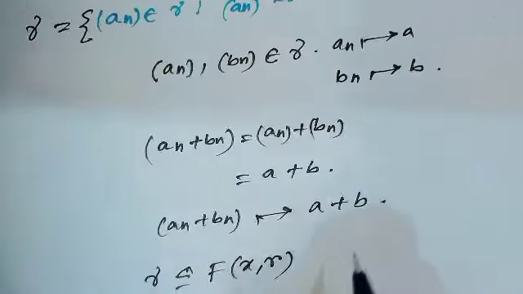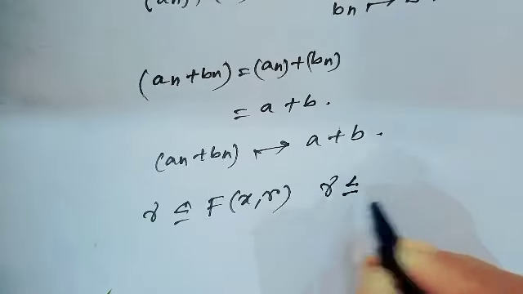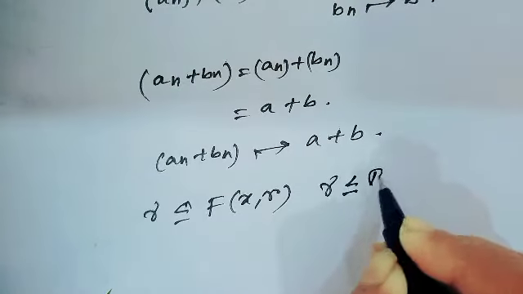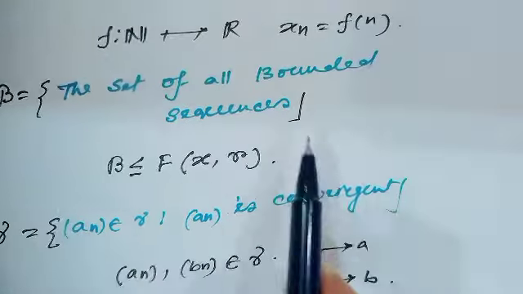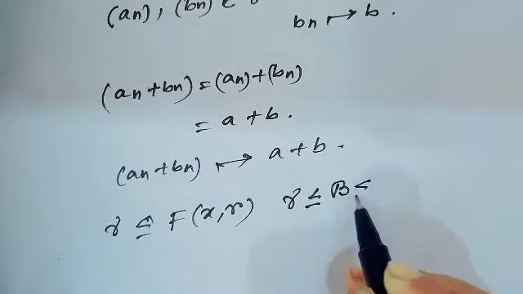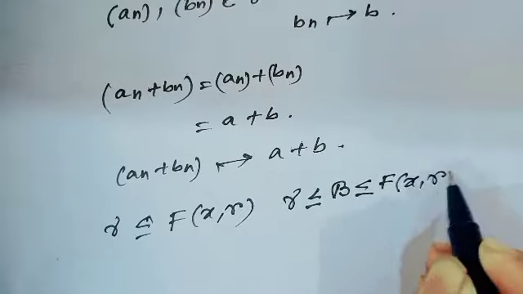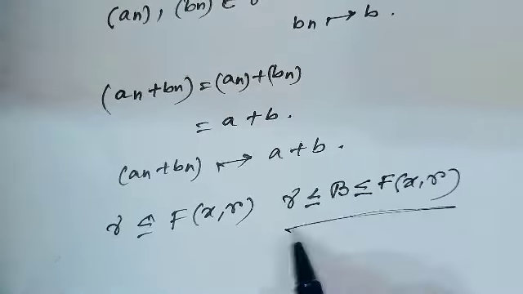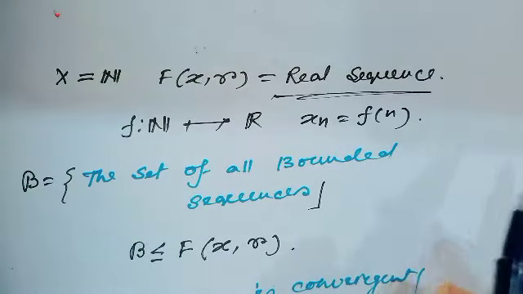And this set gamma is also a vector subspace of the set of all bounded sequences, because the set of all convergent sequences is always bounded. Similar to before, here we only have real sequences as functions.